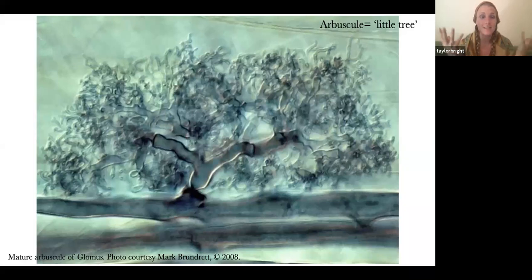And arbuscule translates literally to little tree. So inside of the root cell, there are these little trees that the fungus is producing to exchange nutrients and carbon and water with the plants. And it's just so incredible to me.